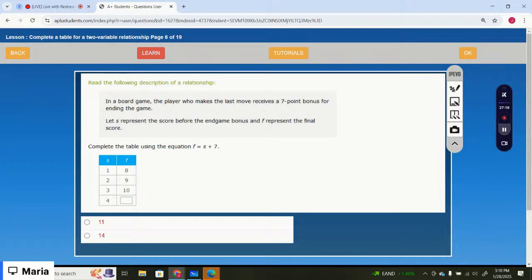Complete the table using the equation F equals S plus 7. So which is the correct option? That is 11.